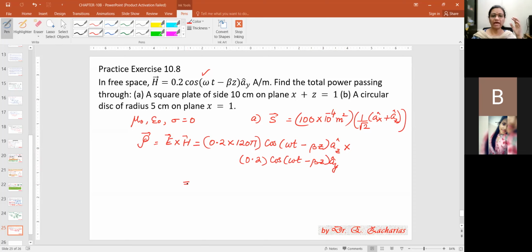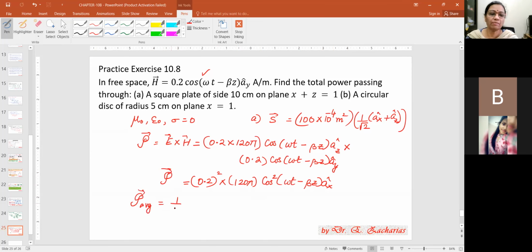Therefore, when you do the multiplication, your answer will be 0.2 whole square into 120 pi into cos square(omega t minus beta z), and the direction will be a_x cap. So this is going to be your Poynting vector. Once you get your Poynting vector, you have to get your average power.